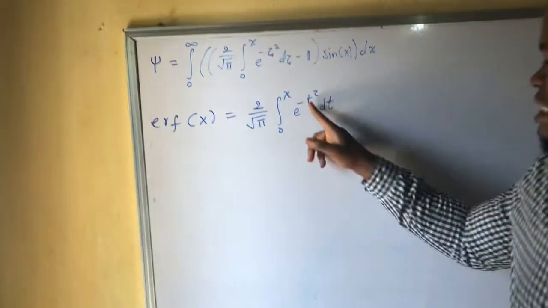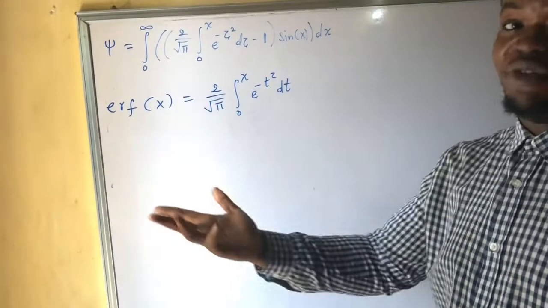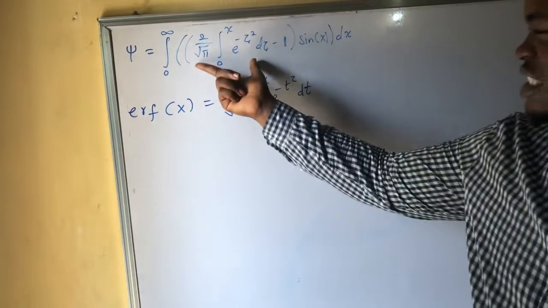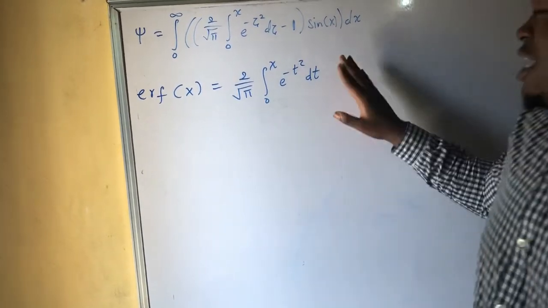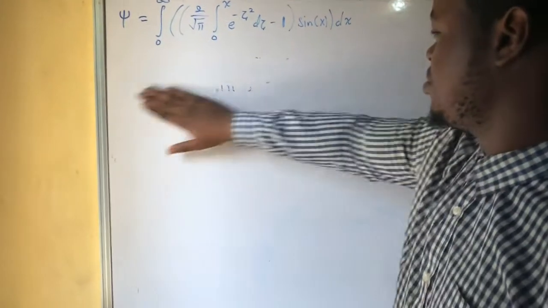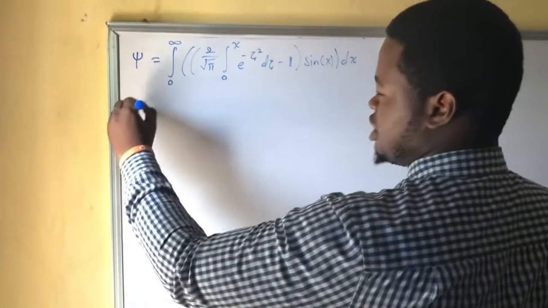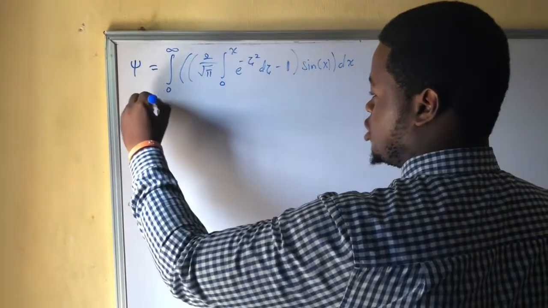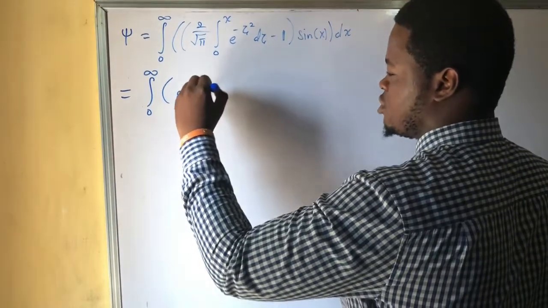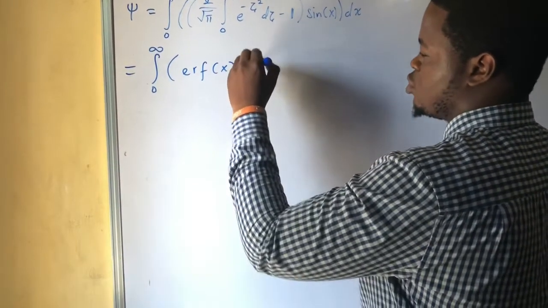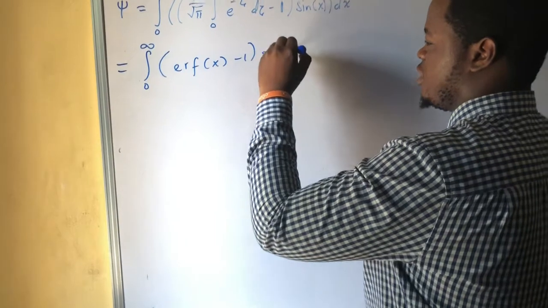Now, where t is just a dummy variable, that simply means this part of the question is simply the error function. Are we together? Very easy. So the integral is simply equal to the integral from 0 to infinity of the error function evaluated at x, minus 1, times sine of x.